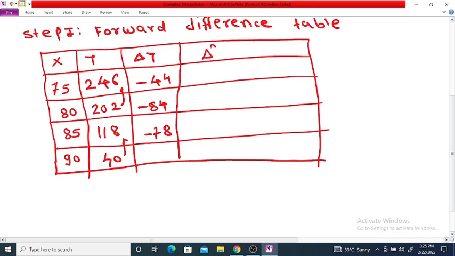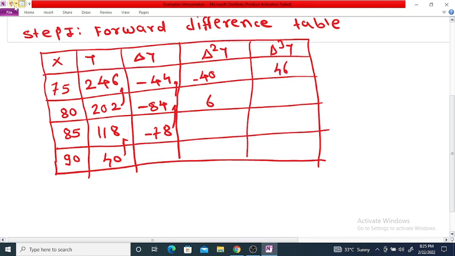Now delta square y, minus 84 minus minus 44, so it is minus 40. Then minus 78 minus minus 84, so this is equal to 6. And last, delta cube y is equal to 6 minus minus 40, so this is equal to 46.